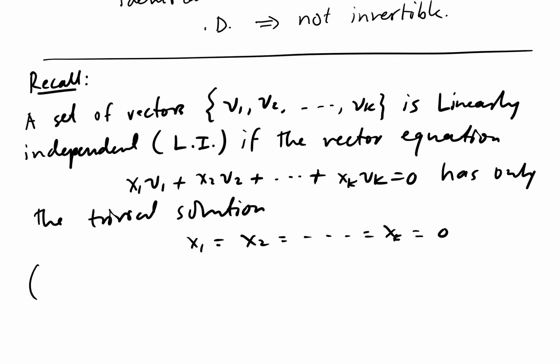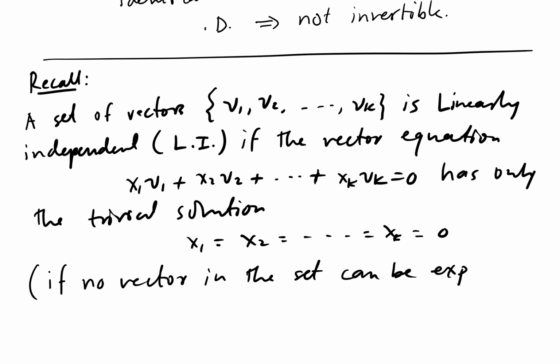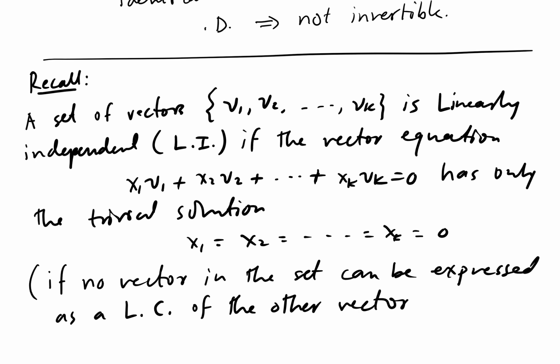In other words, we say linearly independent if no vector in the set can be expressed as a linear combination of the other vectors in the set.